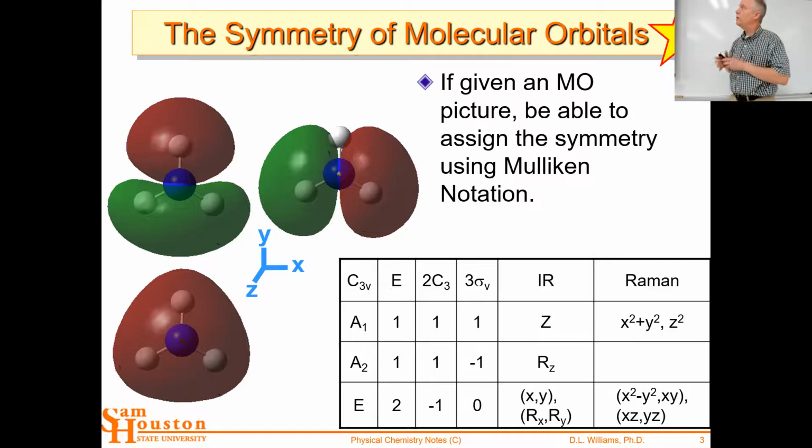And so what you want to do is stand on that nitrogen mentally and look in the X direction. Look at the orbitals that you see in the shapes. And then you look in the other direction in X. Is your view the same, whether you look in positive X or negative X?